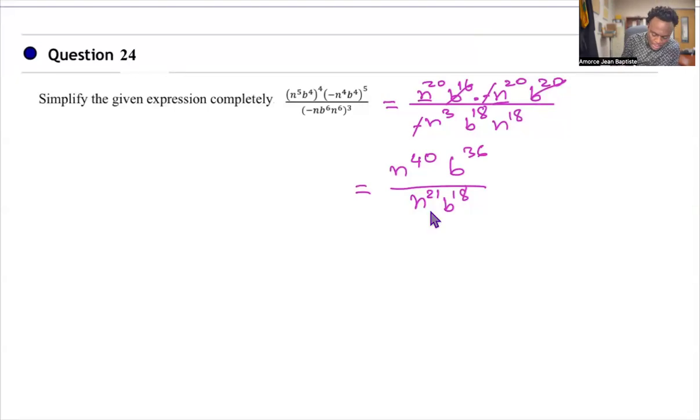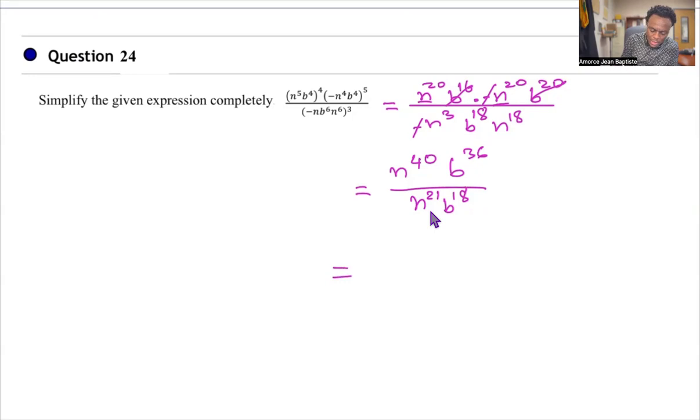Now we can apply the rule that says if I have x to the n over x to the p power, it's x to the n minus p. So we can apply it here.